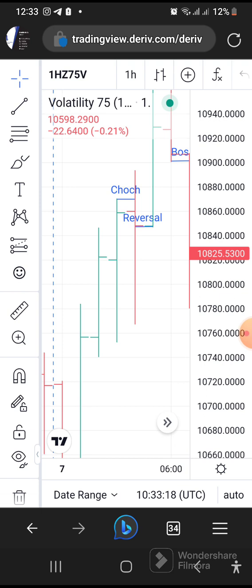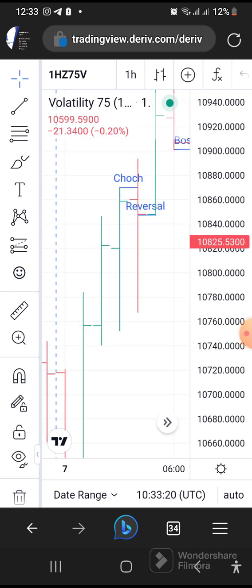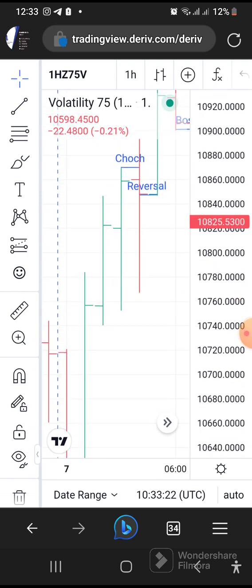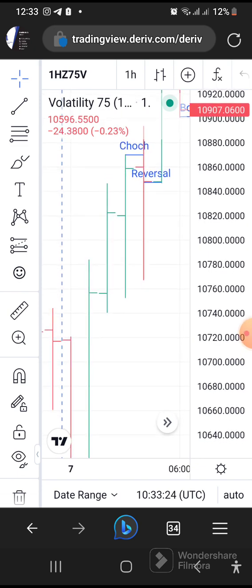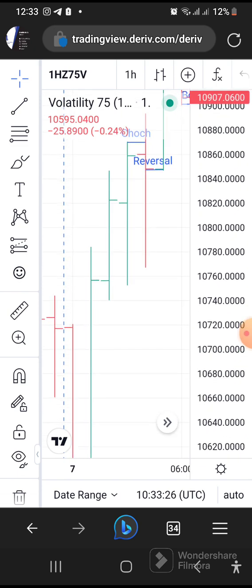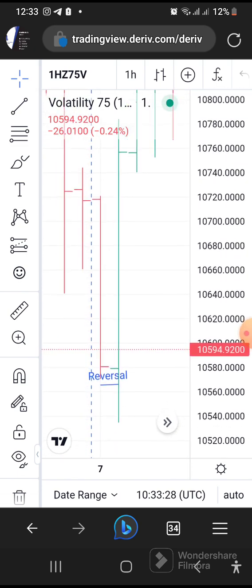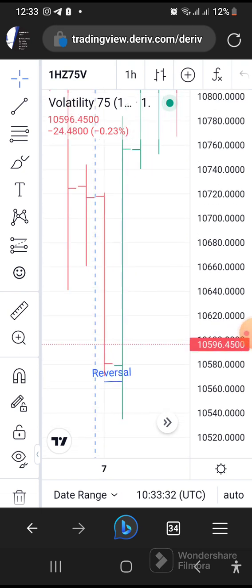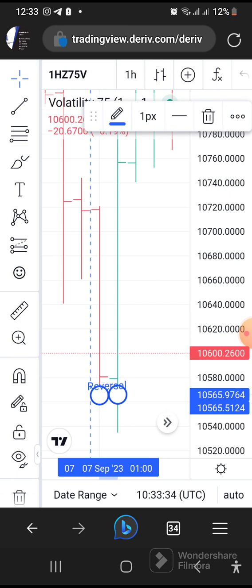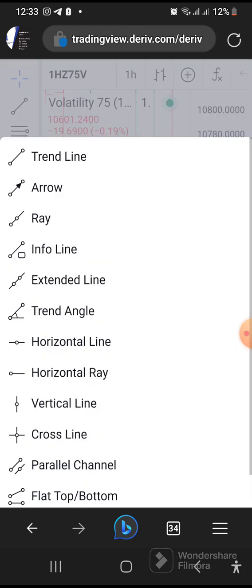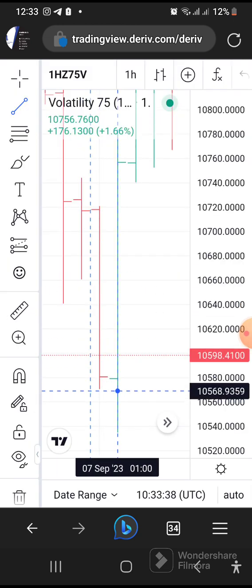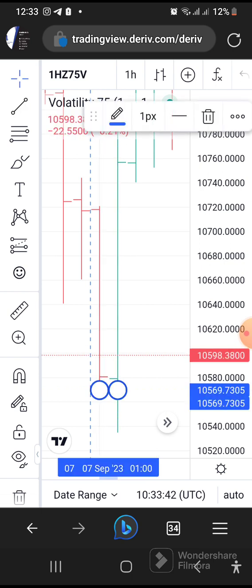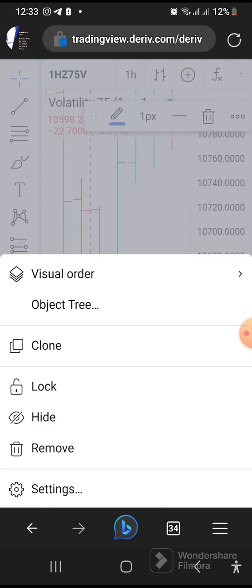Before our change of character, price had signaled a lower high, another lower high, another lower high, indicating chance for a reversal. And yes, we have identified our reversal, at which price was making lower highs from our higher low. That is our reversal.